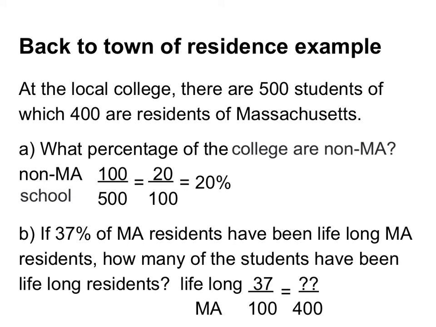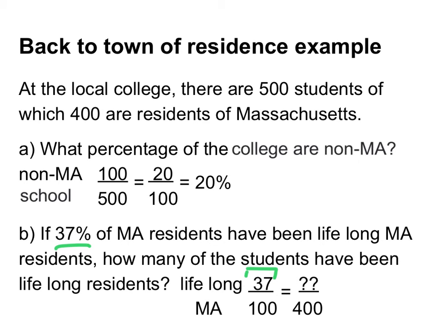So that's my percentage. So notice this time I gave you the percent and you're solving for something in the other fraction. The setup is the same. Don't freak out. It's the same kind of question. So 37%, it means 37 divided by 100. The 100 goes with Massachusetts residents, so it's the current Massachusetts residents at this school.